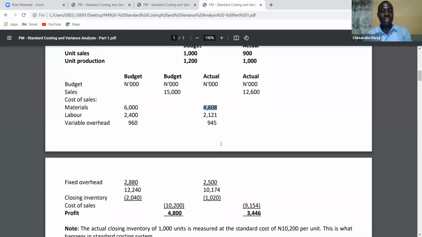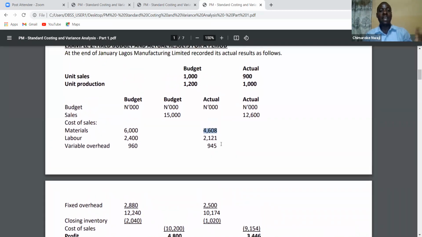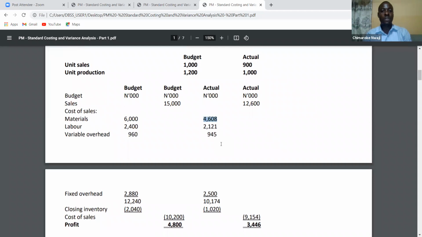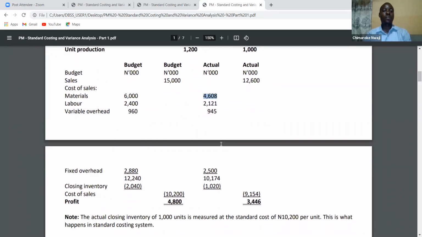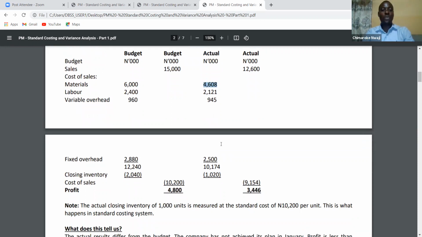The closing inventory is at standard cost. Now, if you look at the actual closing inventory of 1,000 units, it is measured at the standard cost. And so that is what happens in standard costing.